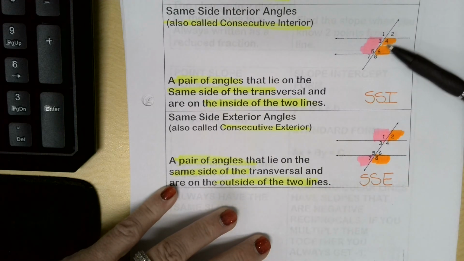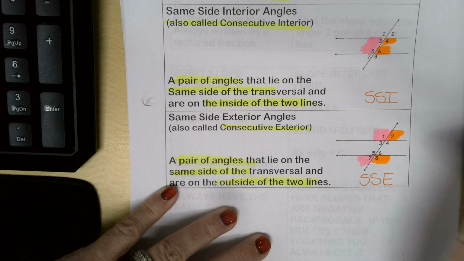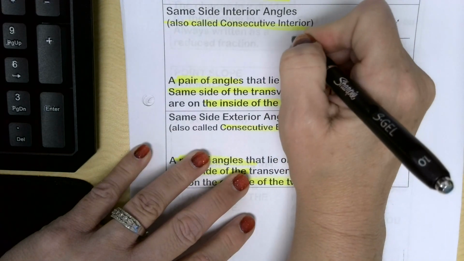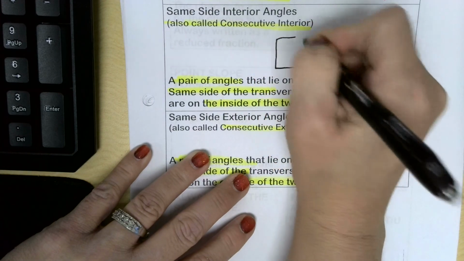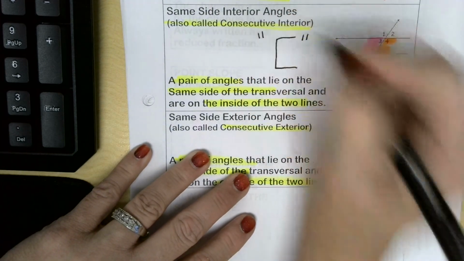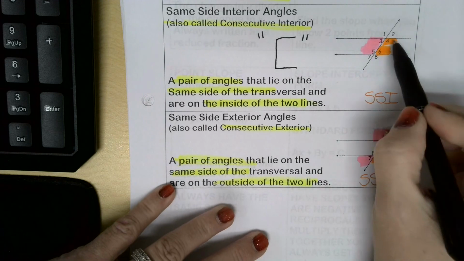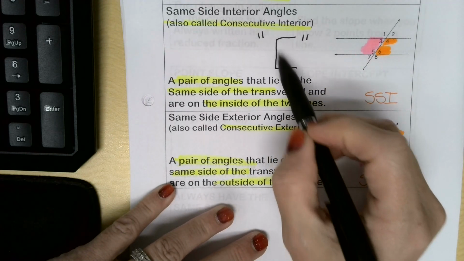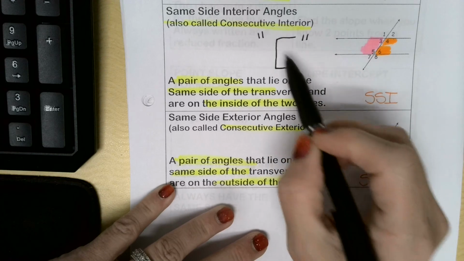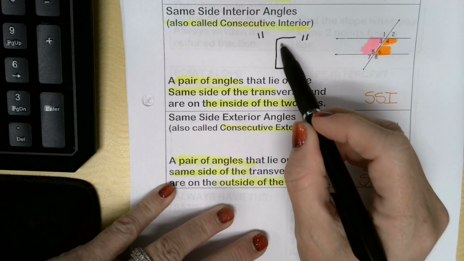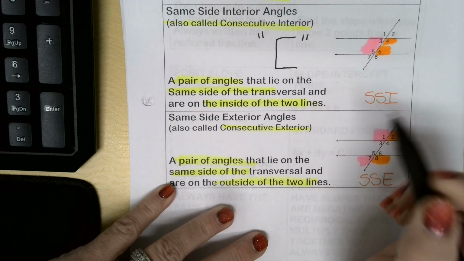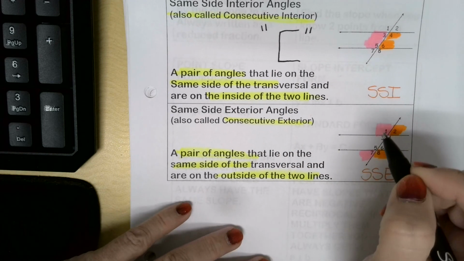You are going to hear me refer to the C, because if I were to draw a C right here, and these two lines are cut by a transversal, they're just not extended, these are my consecutive interior angles. So the Z and the C are really important later on.